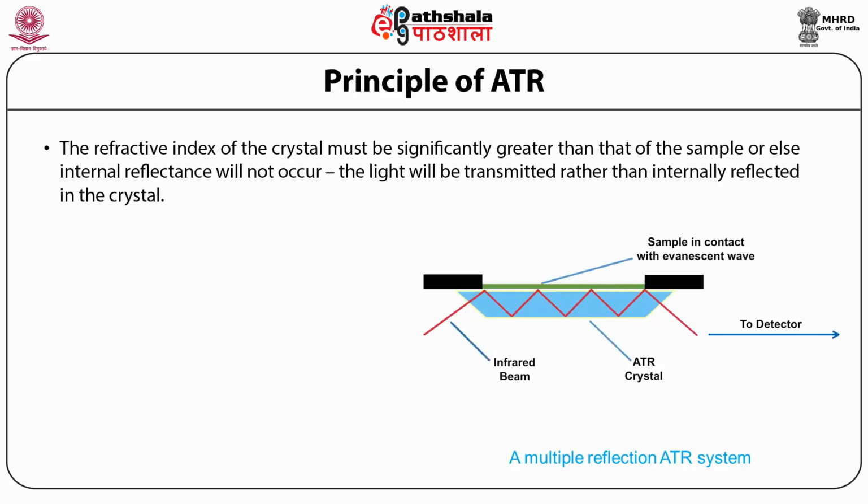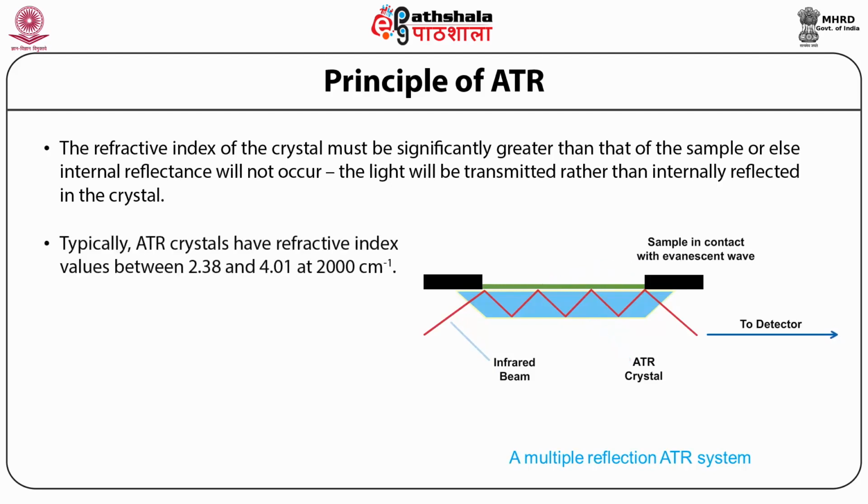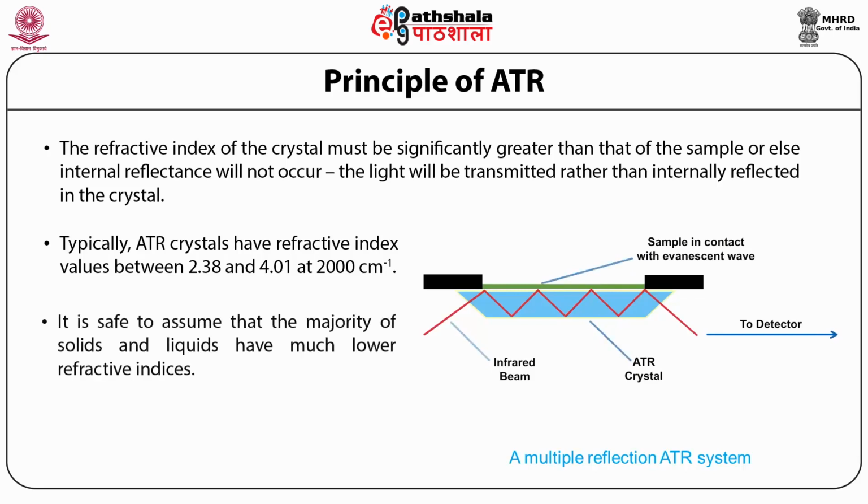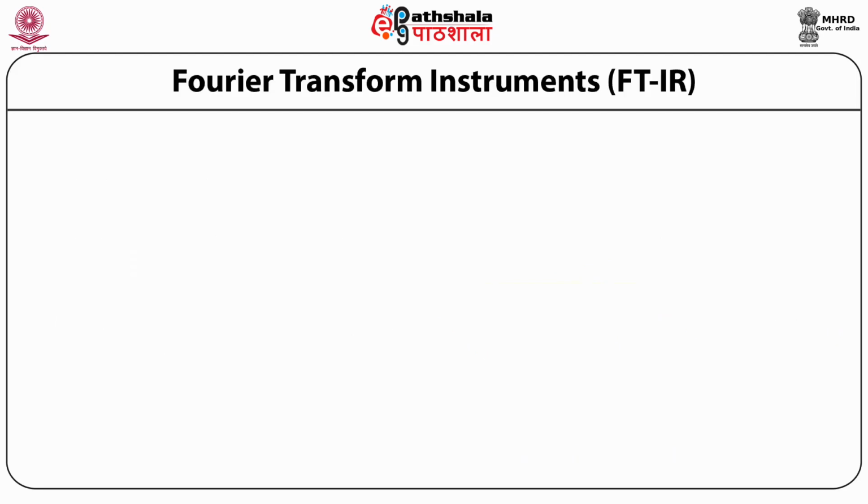The light will be transmitted rather than internally reflected in the crystal. Typically, ATR crystals have refractive index values between 2.38 and 4.01 at 2000 cm inverse. It is safe to assume that the majority of solids and liquids have much lower refractive indices.